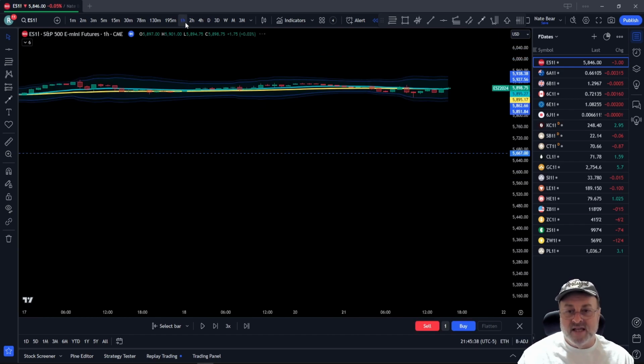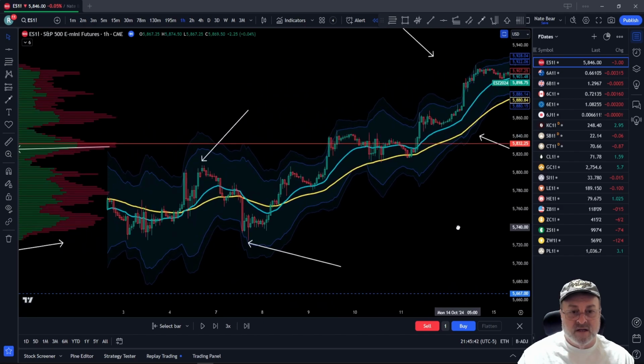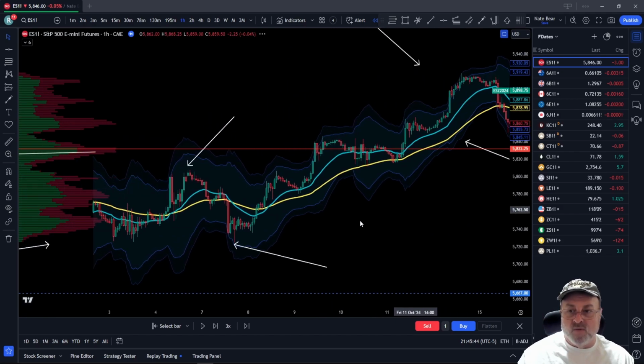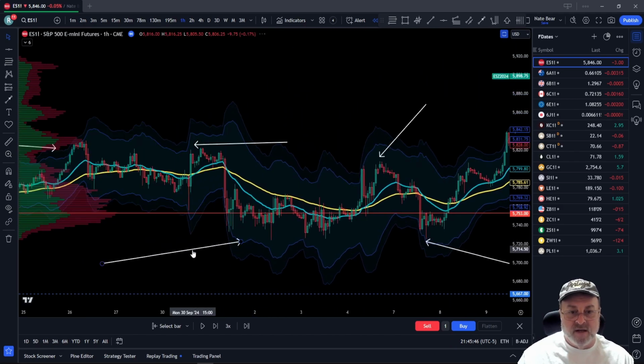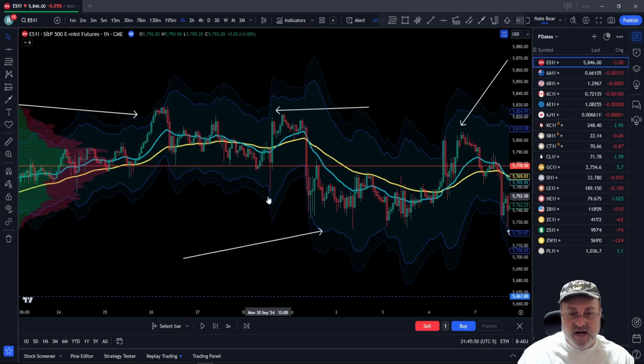Again, I'm going to go back to that so you can see. Where did we put that little puppy? Right there. Okay, it happened on this day right here. There's the lowest point between the two tops. It's nice that the arrows are still here so we can see this. It happened on September 30.